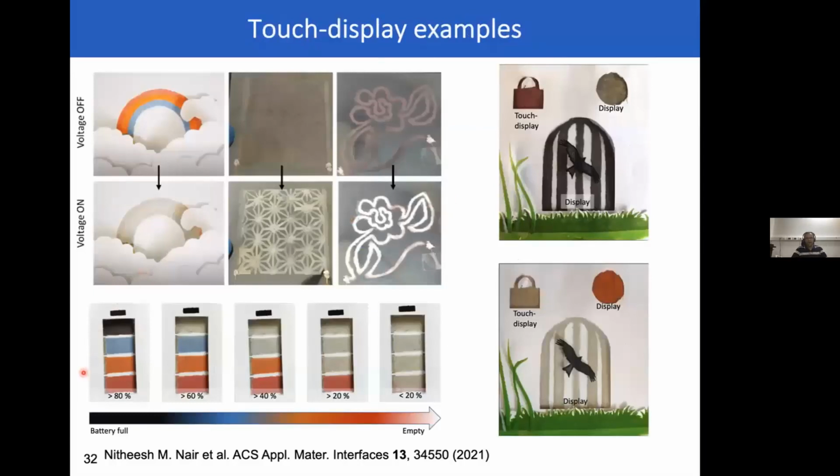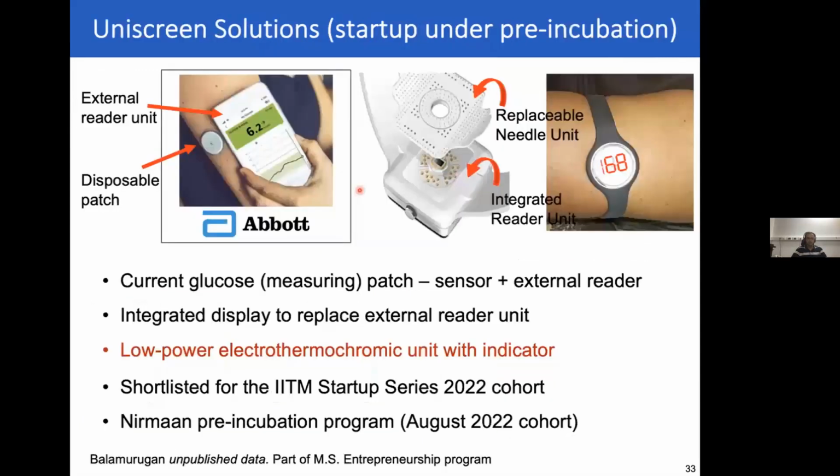A simple battery indicator, we could have some sort of touch poster, so an interactive poster, and essentially some ways of multicolor complex design that we can print and implement. Of course, these are all just lab prototypes. The question is, can you actually do something useful with this?